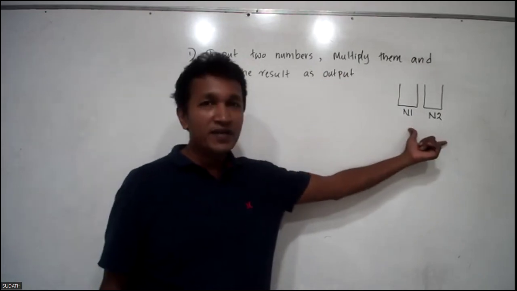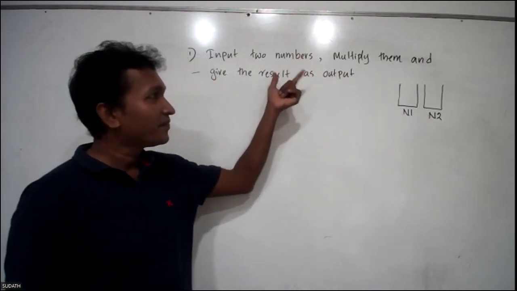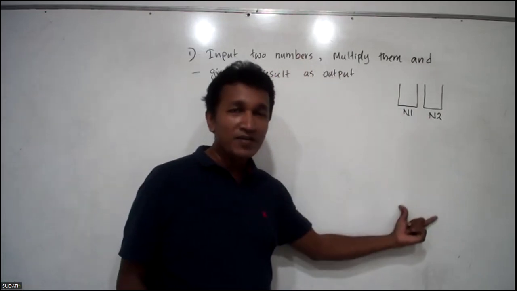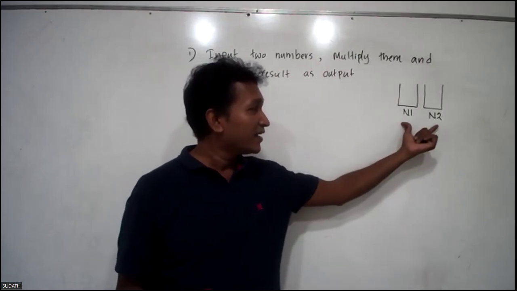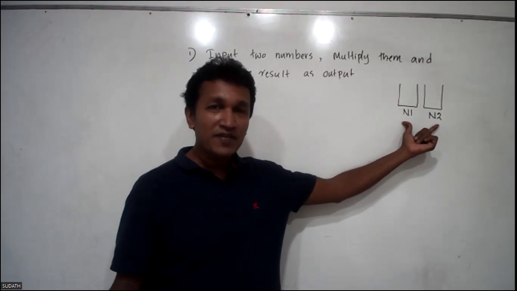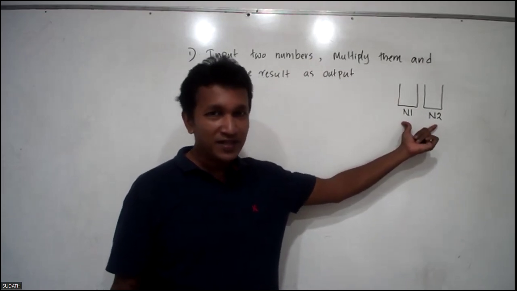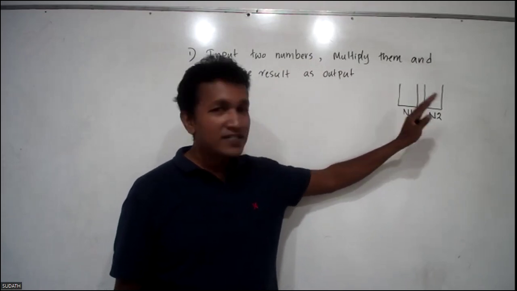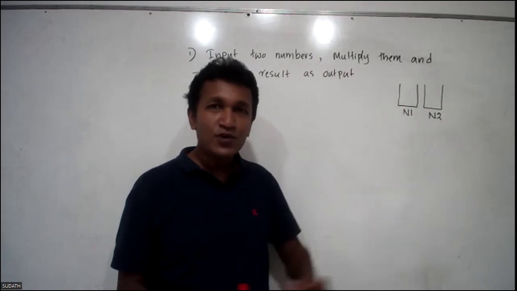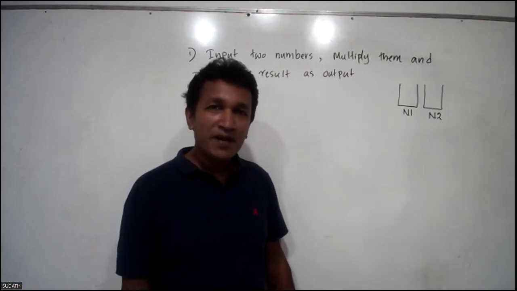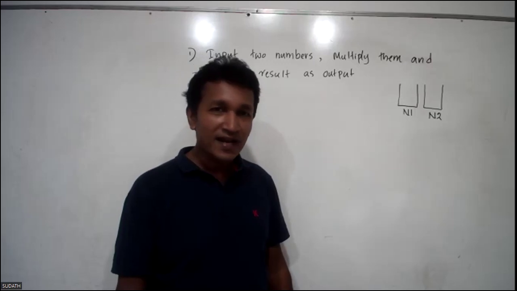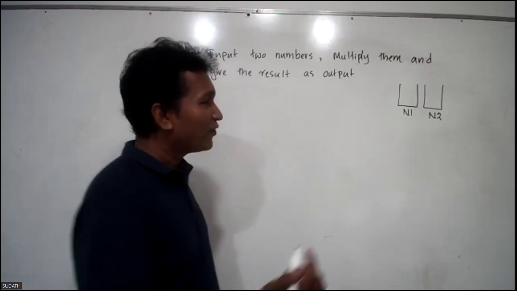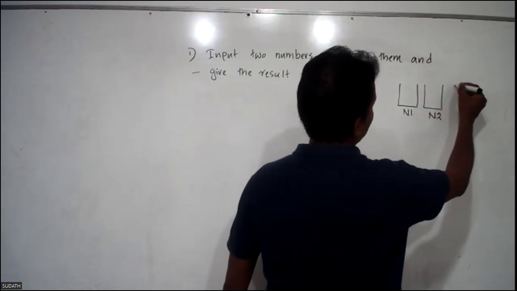We have to multiply these two numbers, so there should be another variable to store the multiplied result.